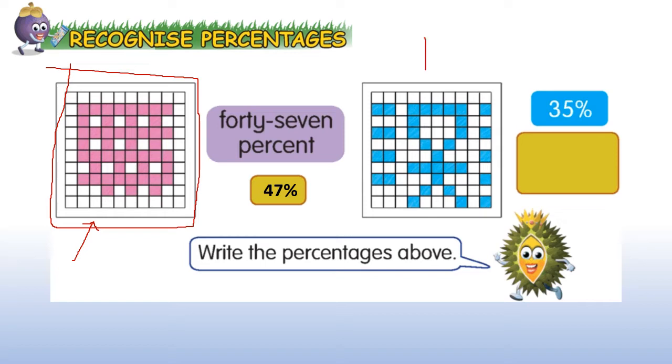And then the second square grid here, 35% or 35 out of 100 squares were shaded. So when you change it to fraction, it is 35 over 100. So in decimal it is 0.35.